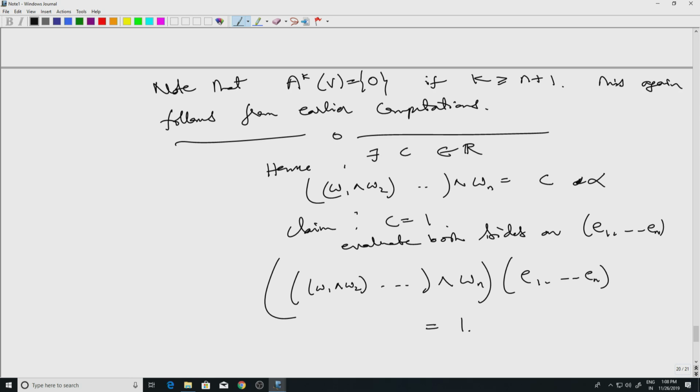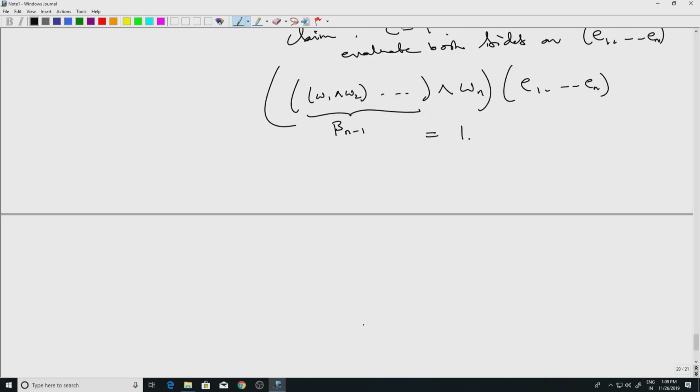Now to see that this is 1, one proceeds step by step. So call this beta n minus 1. So beta n minus 1 wedge omega n.